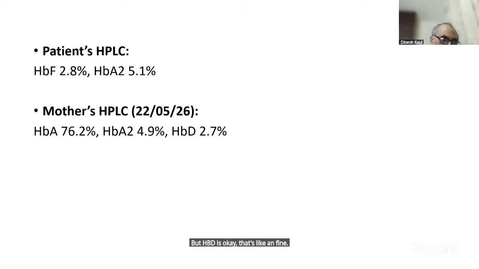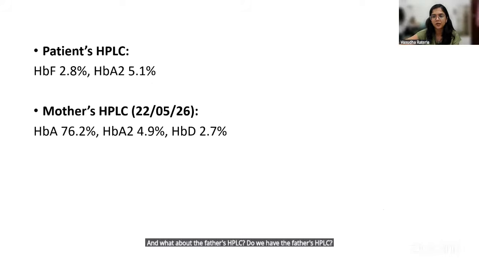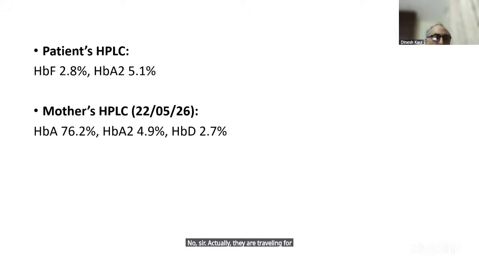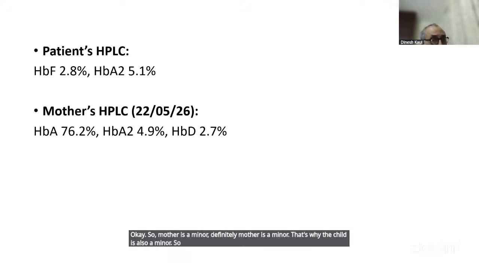And what about the father's HPLC? Do we have the father's HPLC? No, sir. Actually, they are traveling for the treatment. The mother is definitely a minor. That's why the child is also a minor. This is autosomal recessive thalassemia minor.